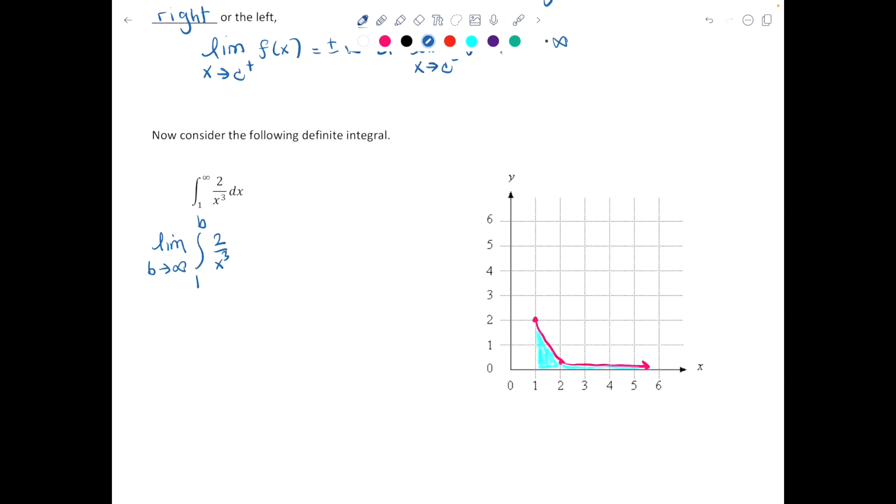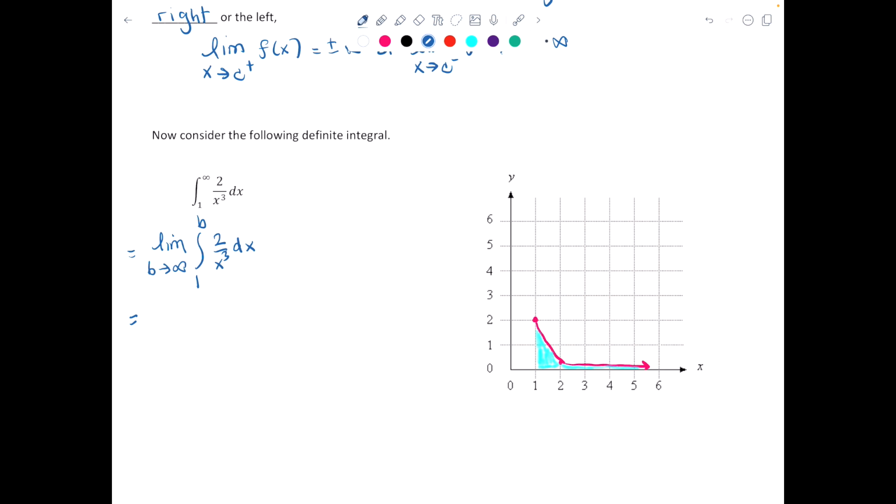Awesome, infinity with respect to x. Now, we've got that improper integral, improper because we have an infinity as a limit, is equal to the limit of the integral from 1 to b of 2 over x cubed dx.